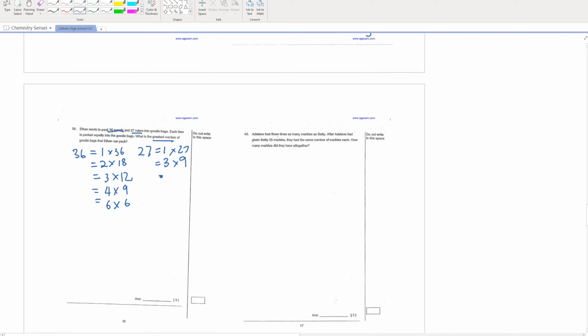From here we find the common factors. There are common factors of 1, 3 and 9. From here we can conclude that the answer is 9. 9 is the greatest number of goodie bags that Ethan can pack that contains an equal amount of pencils and rulers.